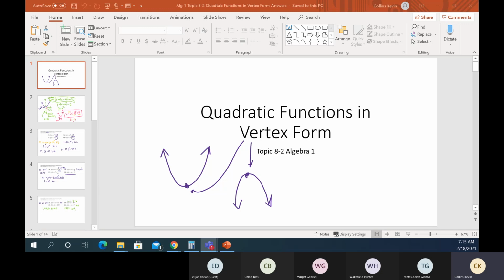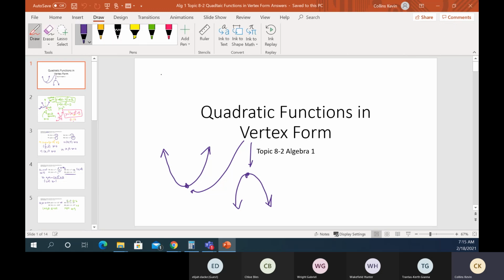If you have a function in y, which, remember, is the same as f of x, you can use f of x or y, depending on what they feel like doing. It's going to equal, there's potentially a number out front. They call that a.